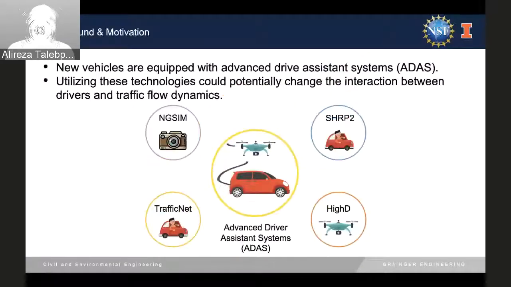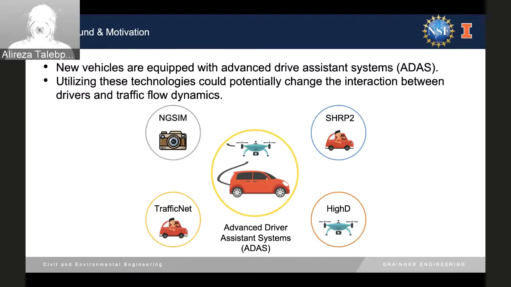So our motivation was, there are a lot of data sets out there, of different types. Like SHRP2, you may or may not call trajectory data. NG-SIM I mentioned. There's TrafficNet, there's HighD, which is very accurate data collected in Germany using drones.